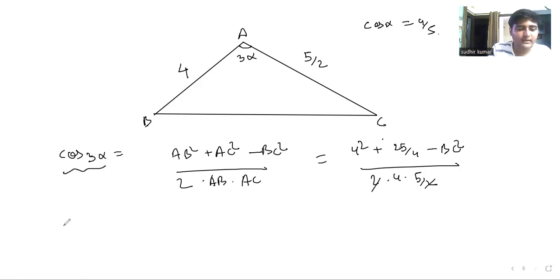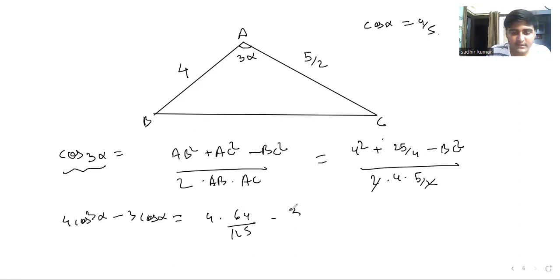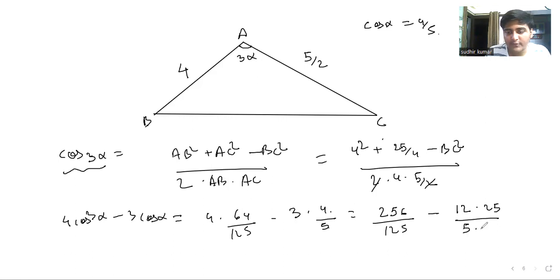Now cos 3 alpha is 4 cos cube alpha minus 3 cos alpha, which is equal to 4 into 64 upon 125 minus 3 into 4 upon 5, which is equal to 256 upon 125 minus 12 into 25 upon 5 into 25, which is equal to minus 44 upon 125.